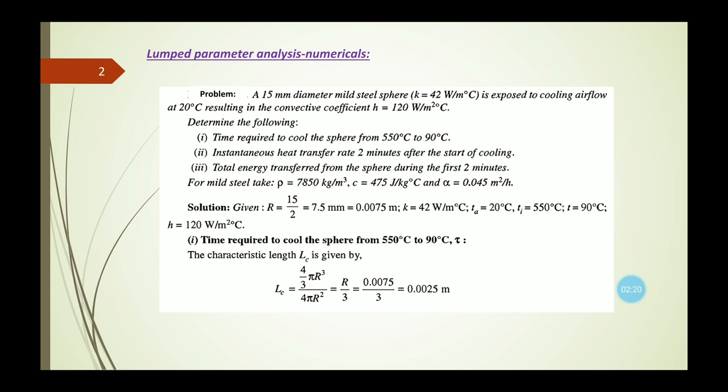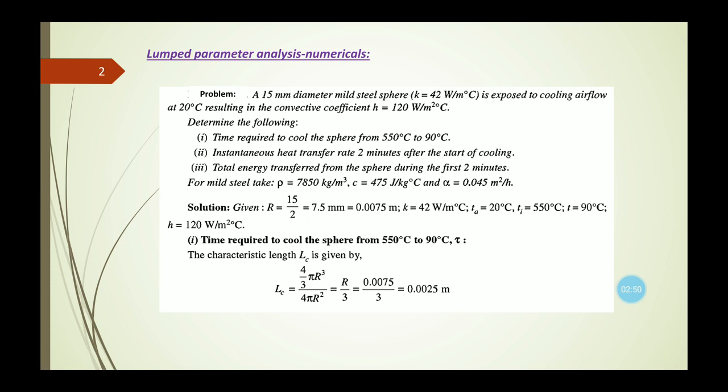So let us start the solution. First we need to find the time required to cool the sphere from 550 degrees centigrade to 90 degrees centigrade. So how to do that? For that we need to apply the formula of the lumped parameter analysis, but before that we need to first check the value of the Biot number.